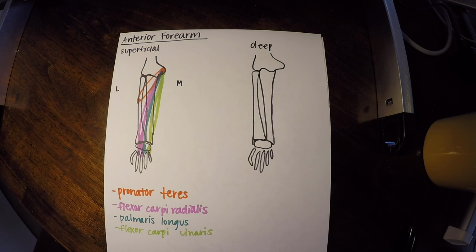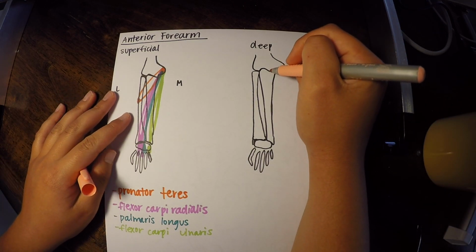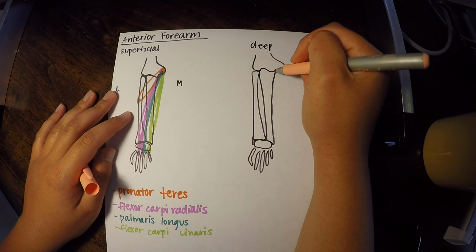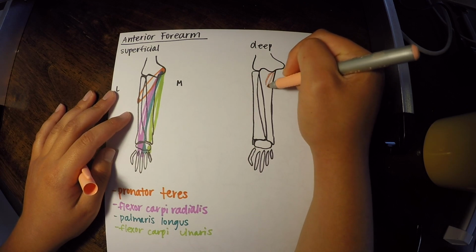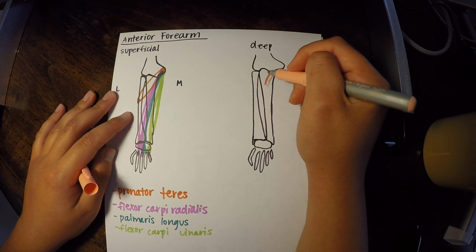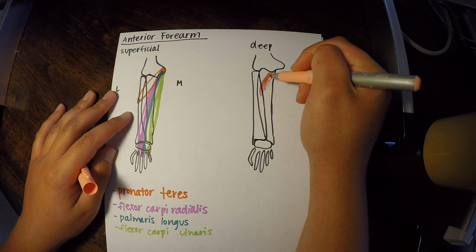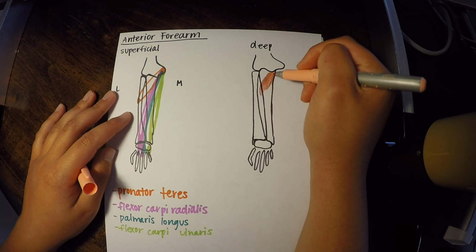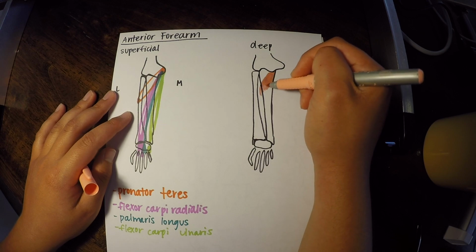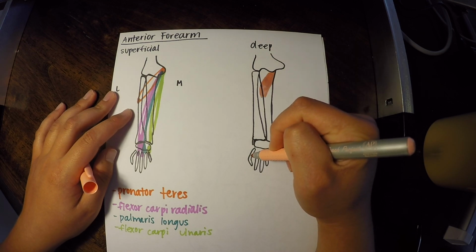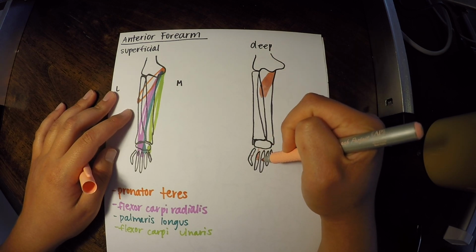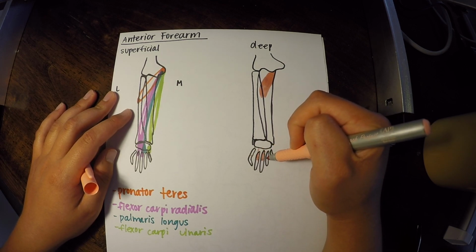It's Flexor Digitorum Profundus. Our Flexor Digitorum Profundus is going to come from quite a few places. It's kind of going to come from like this whole area here, and part of here. So it's not going to go to the thumb. It's just going to go to these 4 digits right here.